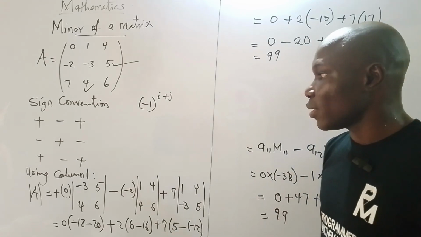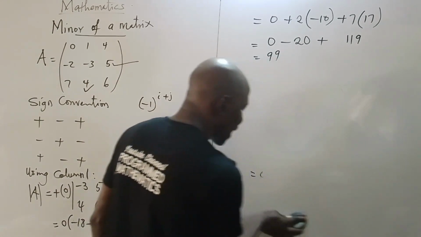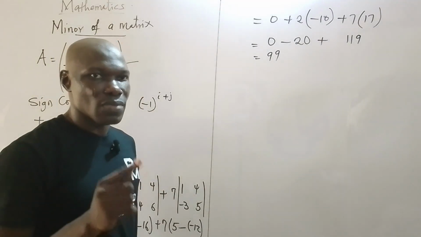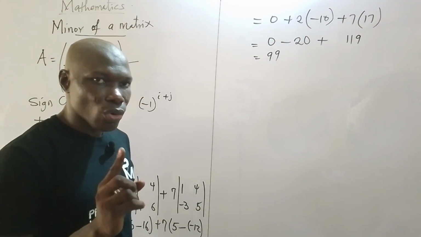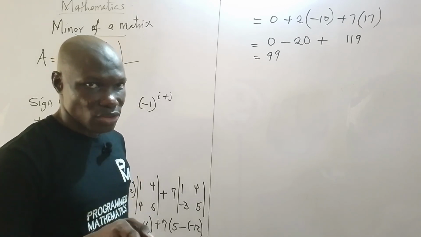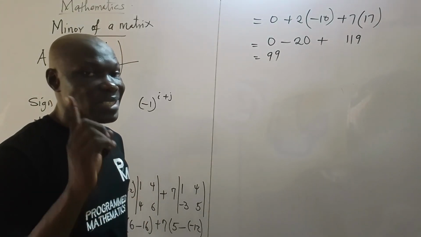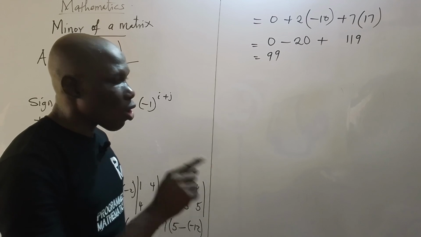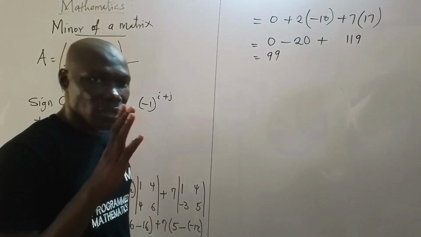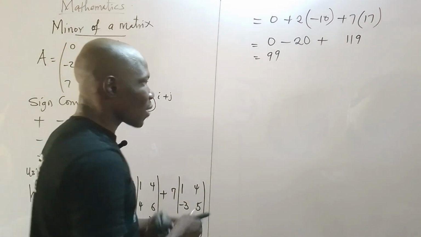Now, one important thing again before I leave today is that if any row or column of any given square matrix is 0, automatically the determinant of such a matrix is 0. What do I mean by that?